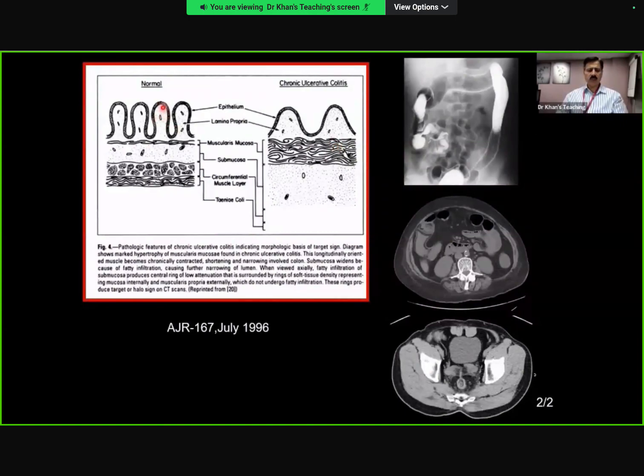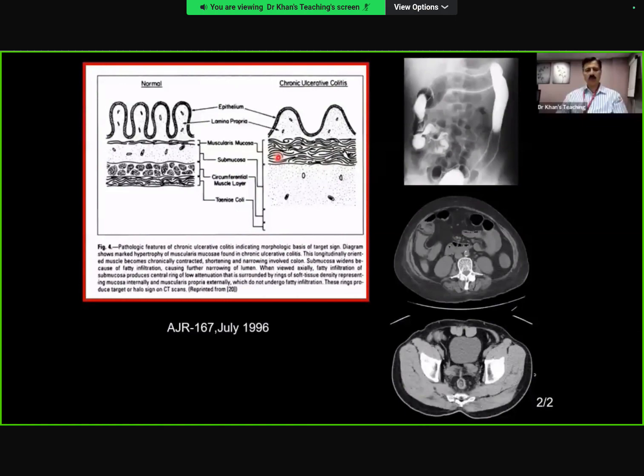What happens that this is normal. Normal is mucosa. Under the mucosa is muscularis mucosa. Then is the submucosa. Then is the muscularis propria, and then of course the serosa. Now, what happens in ulcerative colitis? There is hypertrophy of the muscularis mucosa. If you see, this is it and how thickened it is.